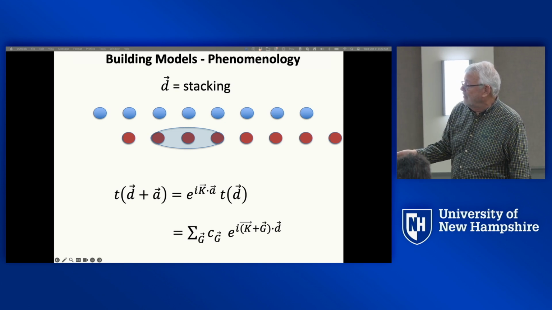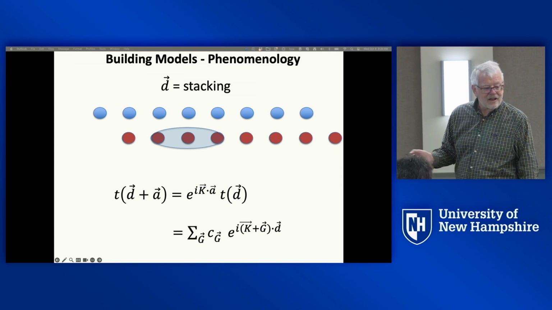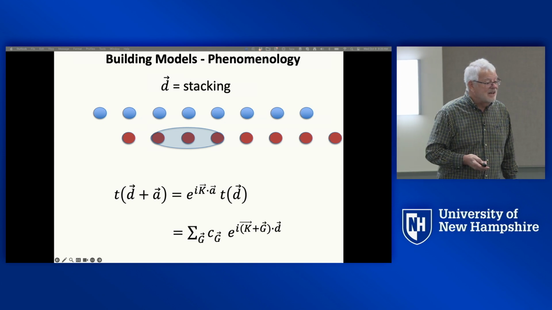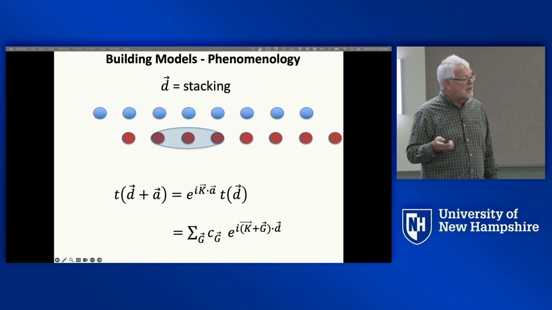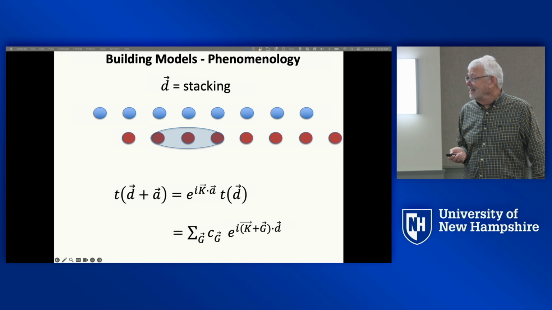So if a function of d has this kind of periodicity, we know periodic functions can be expanded in a Fourier expansion that involves reciprocal lattice vectors in a crystal.